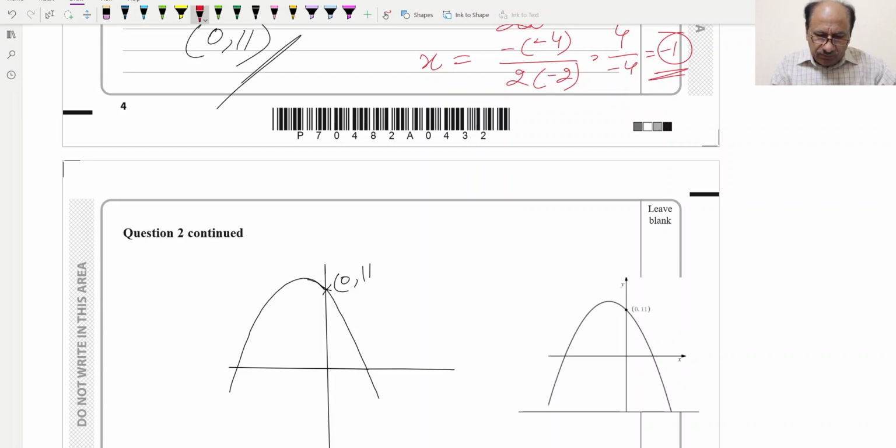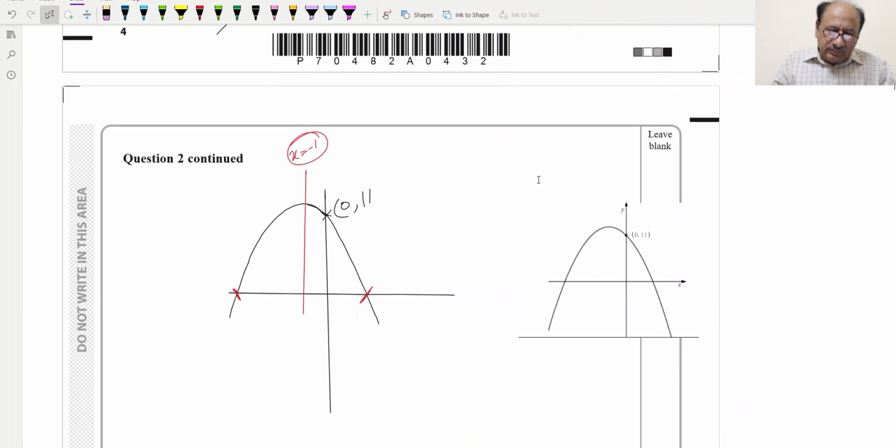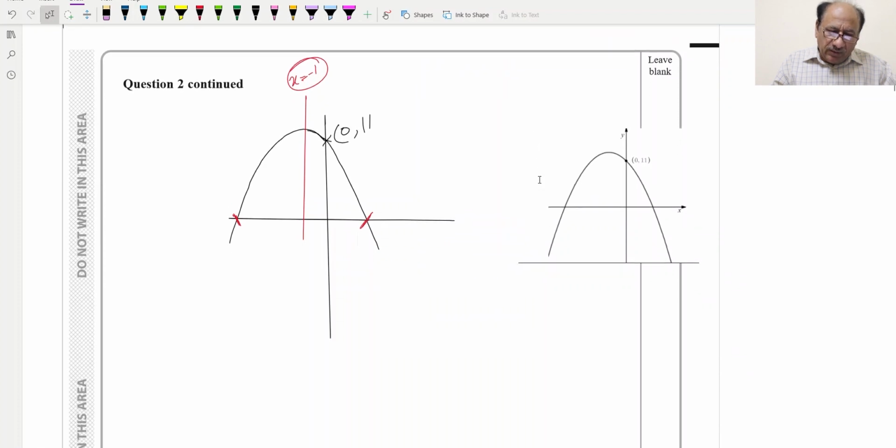For your explanation, I'm telling you that this will be the line of symmetry, which will be x is equal to minus 1. If you want to find these points, which are not a requirement of this question, then you will have to replace y with 0.